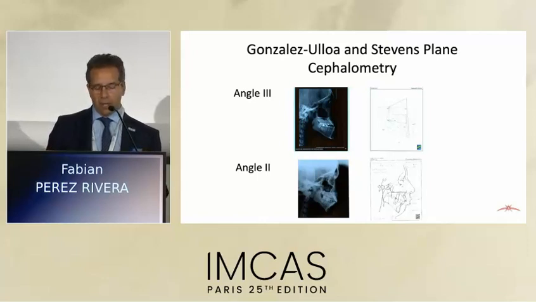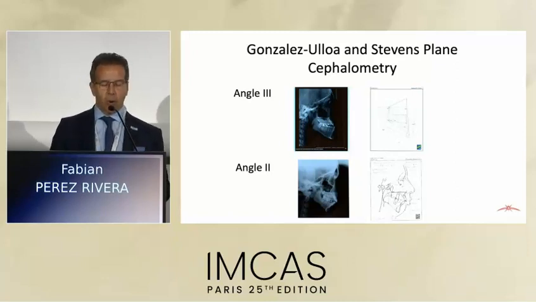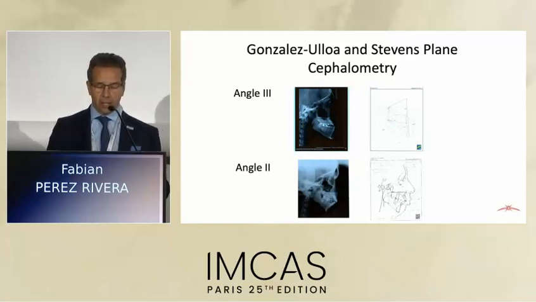The first one gives you the real definition and the real diagnosis of angle 3 or angle 2. This kind of real ugly or difficult situations, as you know, need to perform another kind of complex osteotomies and osteogenic distractions.